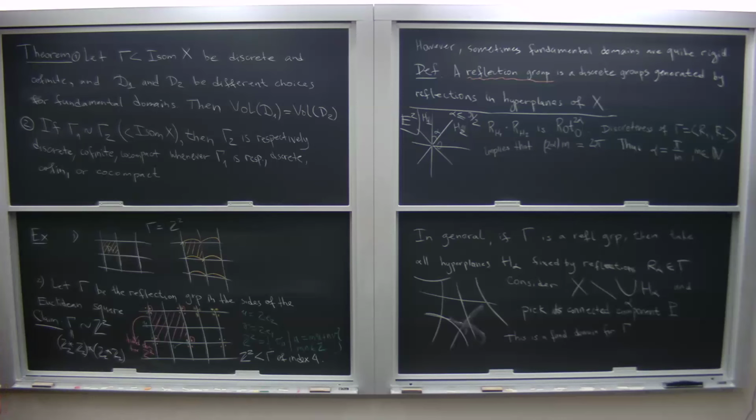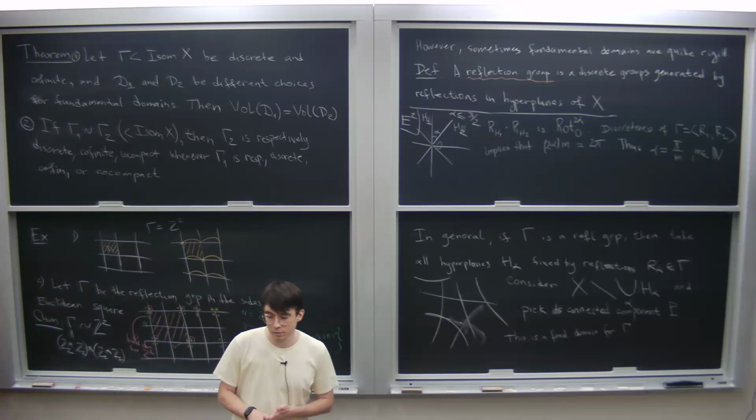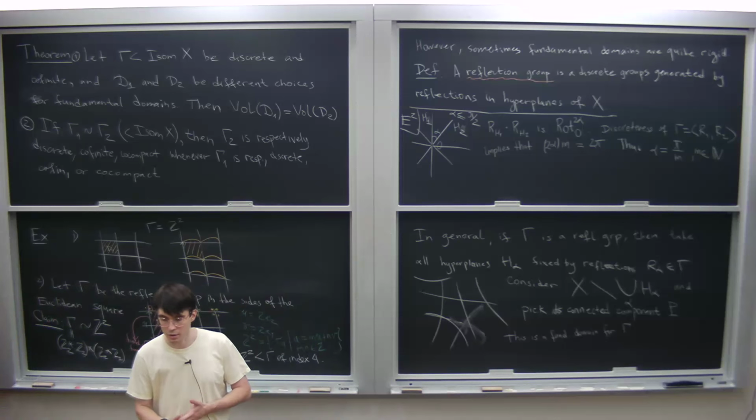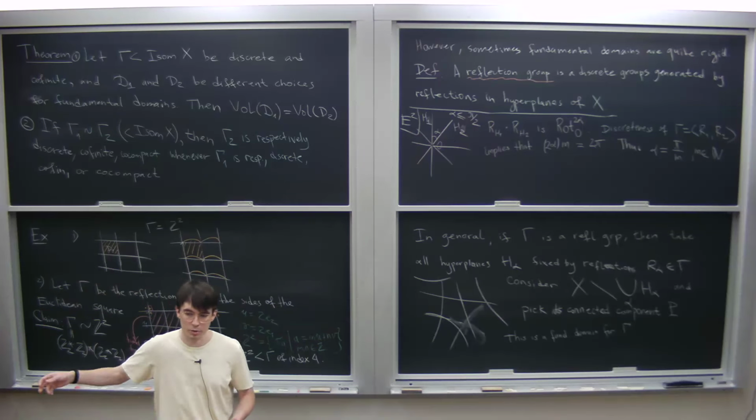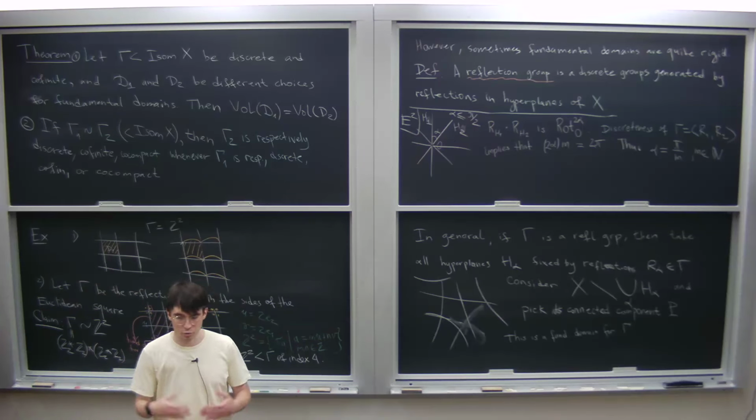A question: an elliptic element is elliptic or trivial. Is trivial meaning the identity? Yes, it's just the identity. You cannot get the identity, the isometry that fixes everything, if you take a parabolic or a hyperbolic isometry and consider its powers; you will never get the trivial isometry.